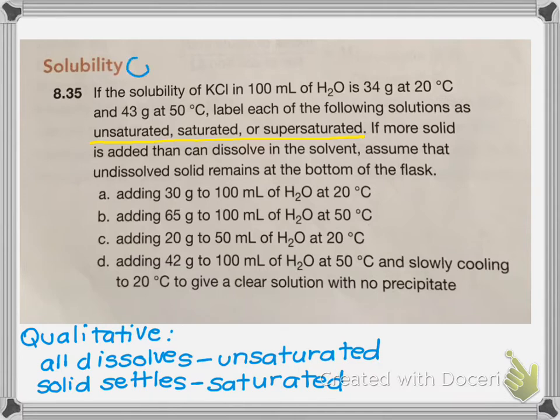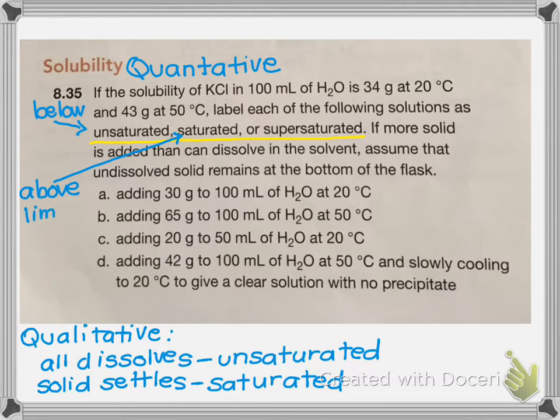And that's qualitatively, it's just using our observations about what's going on. But this up here, this is quantitative. So we are using numbers to help us decide if the solution is below the limit, which is what unsaturated is, at or above the limit is saturated, and then supersaturated, which means that it's above the limit, but it's tricked.